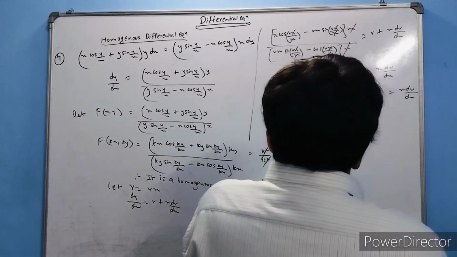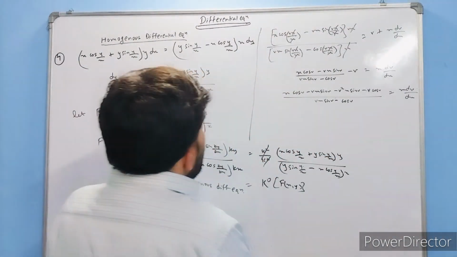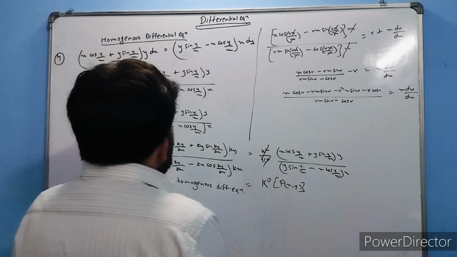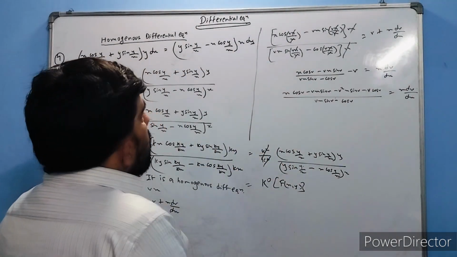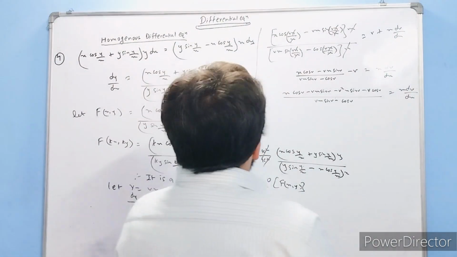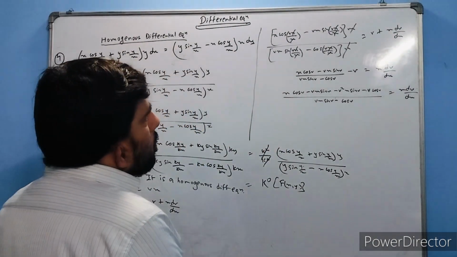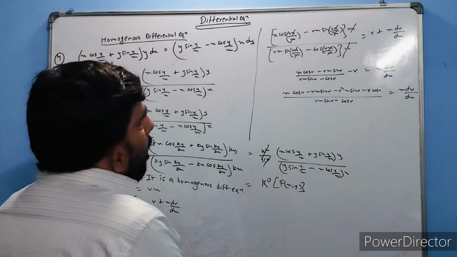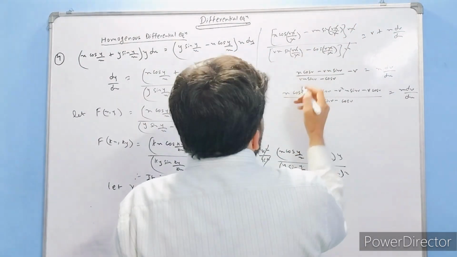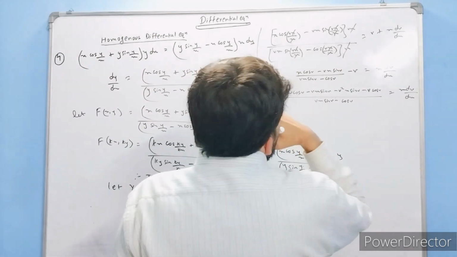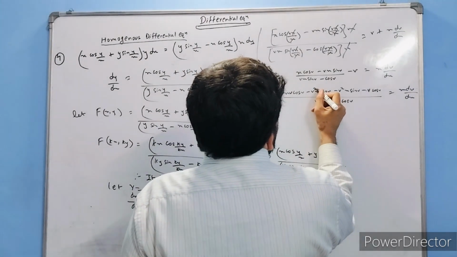So we can see here we have x cos v; the v is also there, so we can multiply v inside: xv cos v minus v squared x sin v.